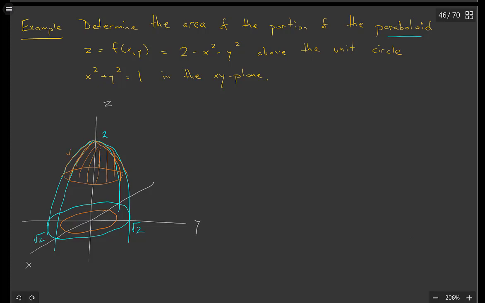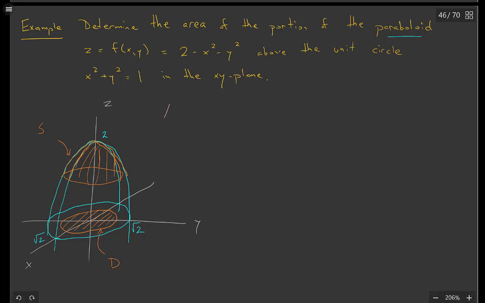We'll call this portion of the surface S, and then we'll call this region, the x squared plus y squared equals 1 unit circle in the xy plane, D. In the notes, we came up with a way of relating the area of a surface described in the form z equals f of x and y to the area of the region that sits above or below this in the xy plane.